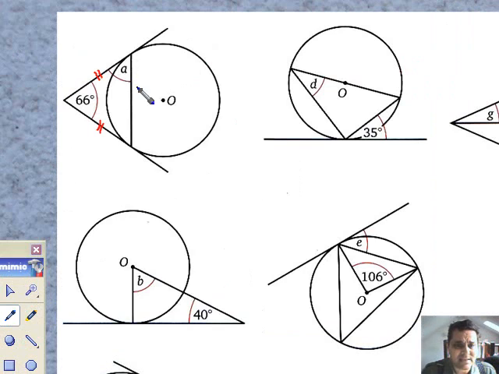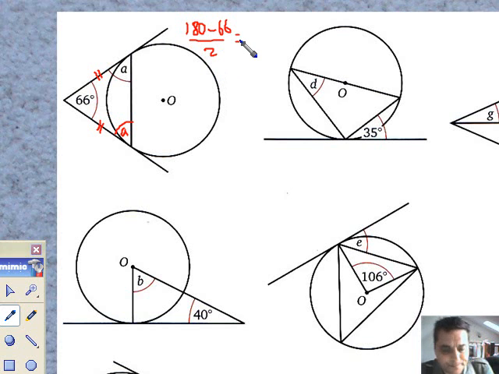So if that is 66 degrees, A is going to be 180 take away the 66 and then divide by 2, because I've actually got two A's there, haven't I? 180 take away 66 equals, now divide by 2, so angle A is 57 degrees.